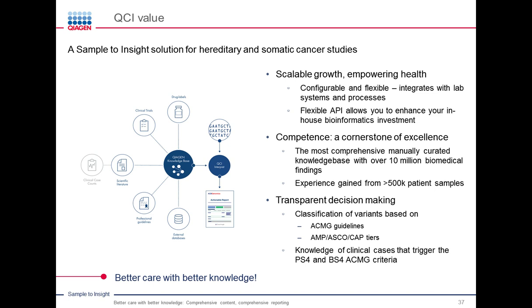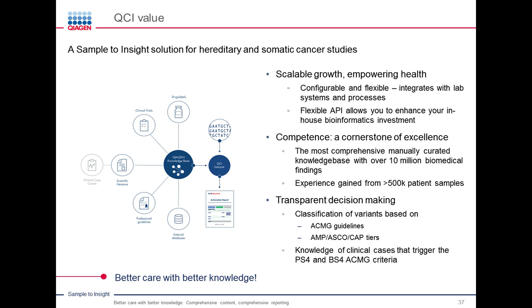So again, to summarize, really the value of QCI is to allow your organization to scale and grow your testing volume, and we can do that through the interface or through the flexible API. Because we've got experience of looking at over 700,000 patients, a small lab can really scale up and execute to the same level as a more established large lab.